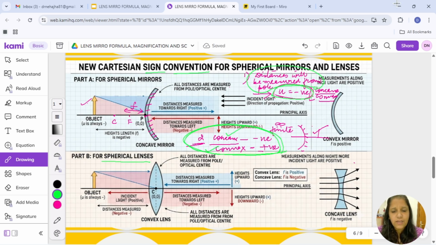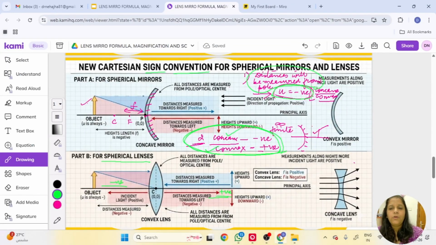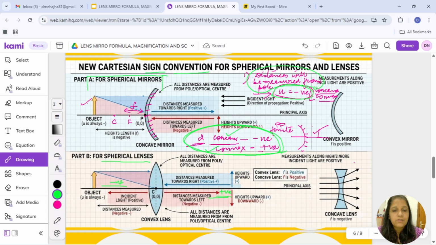In the case of spherical lenses, the distances measured towards right will be taken as positive, and the distances measured towards left will be taken as negative. One important thing which you can remember is that if you have learned the sign conventions for the spherical mirror, then the same goes with the lenses also exactly.